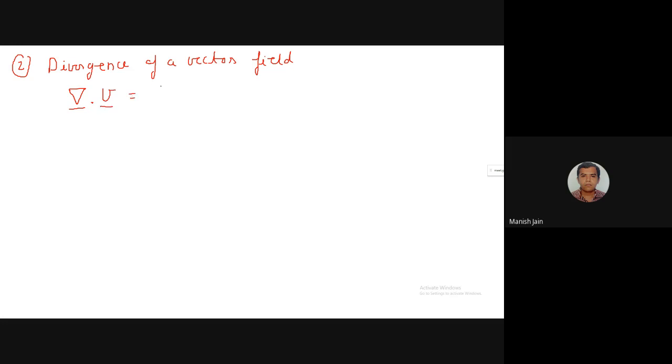This quantity can be written as e_i ∂/∂x_i dot e_j V_j. The magnitude is multiplied, giving ∂V_j/∂x_i, and you have to take the dot product between the two unit vectors e_i dot e_j.